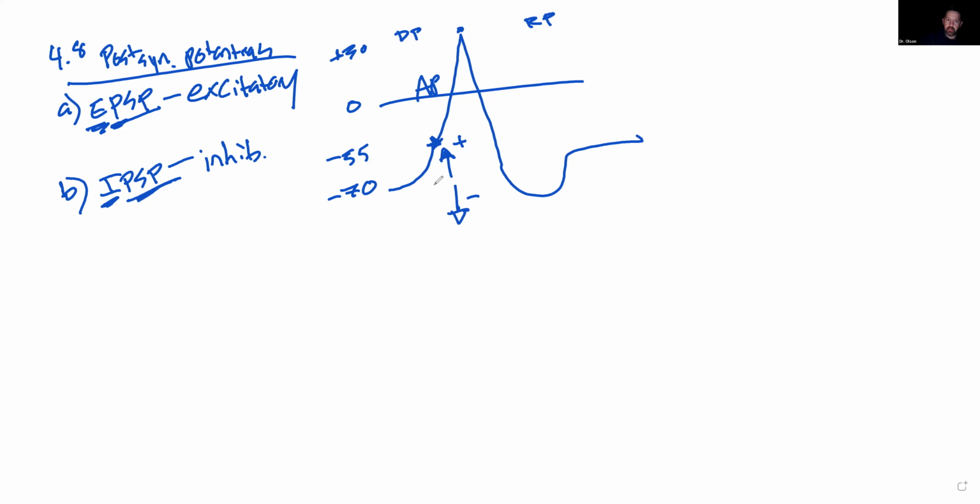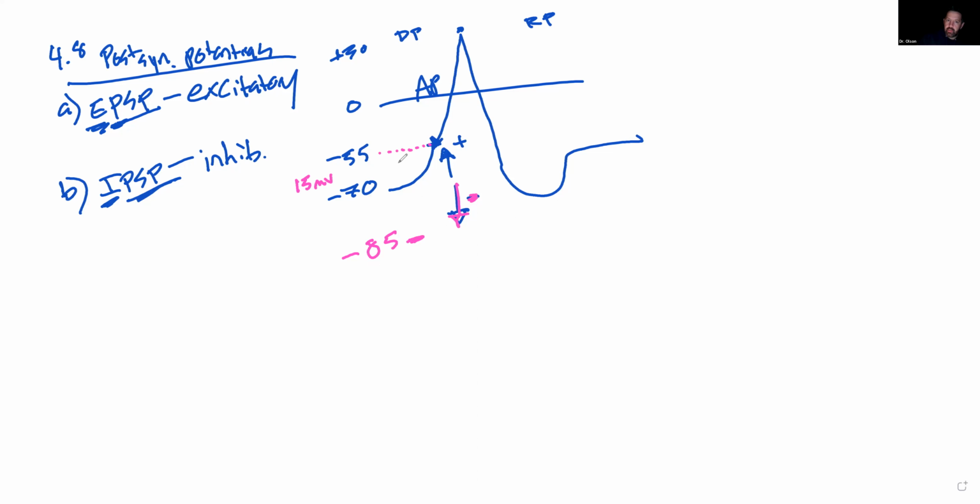Let's say that an inhibitory postsynaptic potential is making us more negative. Let's say it brings the membrane potential down to negative 85. And in the previous case, from a resting membrane potential, the difference was 15 millivolts, from 70 to 55, for us to be able to get to threshold.